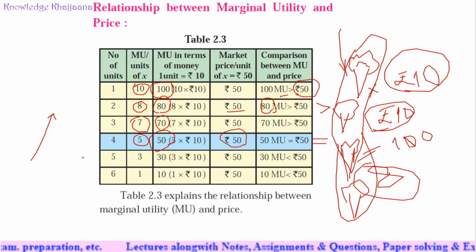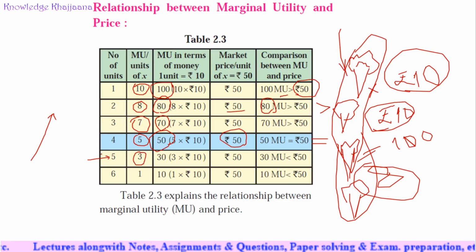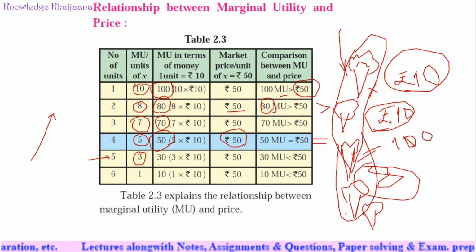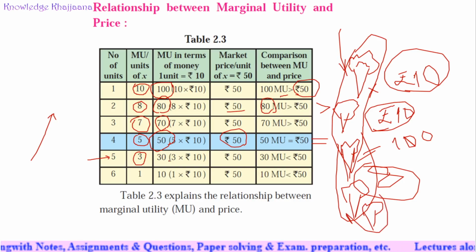If he still further continues to consume ice cream number 5, then he will say that I got less utility, that is utility 3. If that is converted into money, then the money value of that marginal utility is 30.